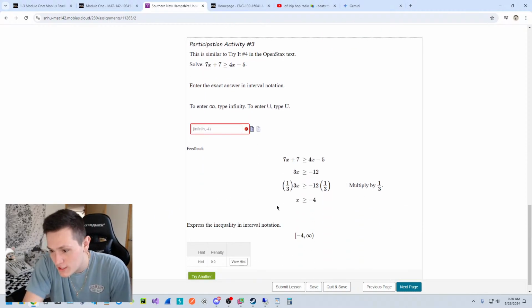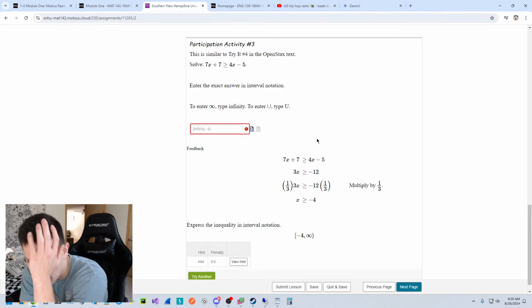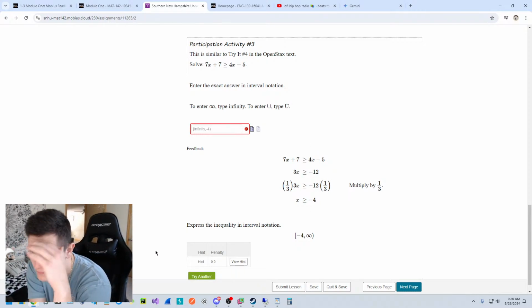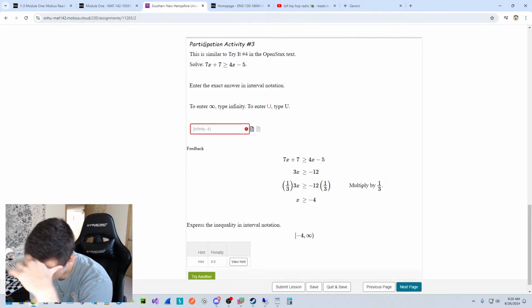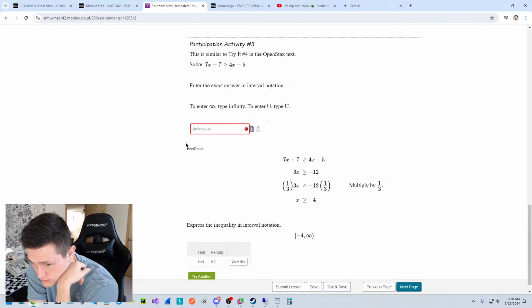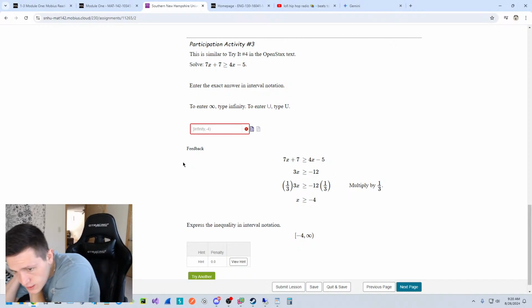What did I get wrong on this one? See, I gotta understand, it's something with the brackets or something. Hold on.